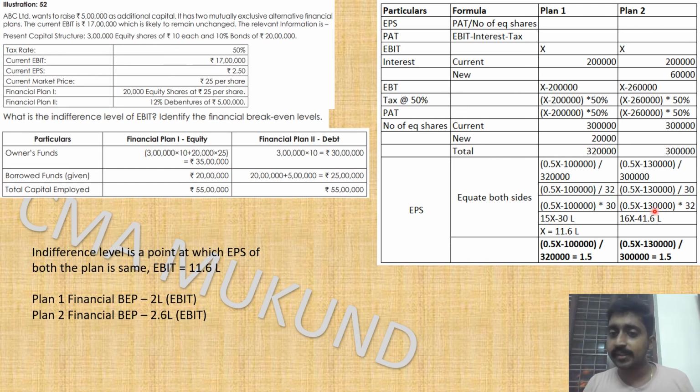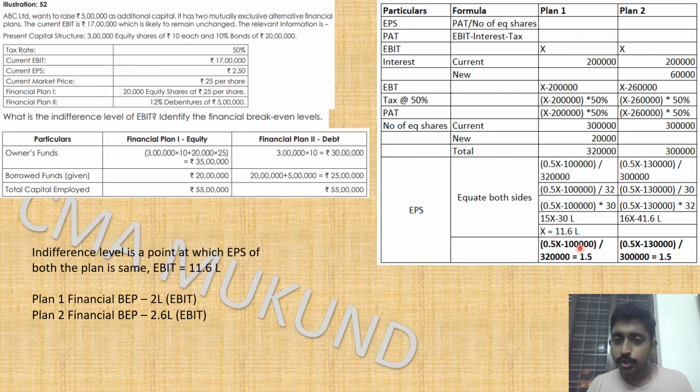If I solve for X, it is going to be 11.6 lakh. X is nothing but EBIT. So the level of EBIT at which the EPS of both plans is the same is called the indifference point. So at 11.6 lakh, the EPS of both plans will be the same.